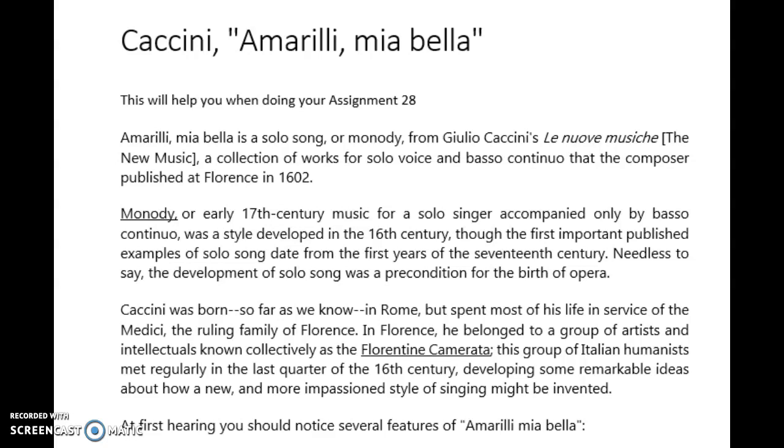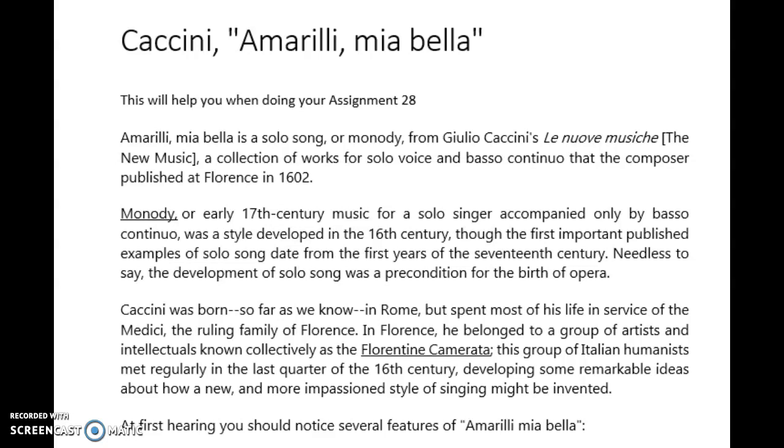Though the first important published examples of solo song date from the first years of the 17th century, 1600s. Needless to say, the development of solo song was a precondition for the birth of opera. So later on we had opera arias, and this is now an early solo song, monody.